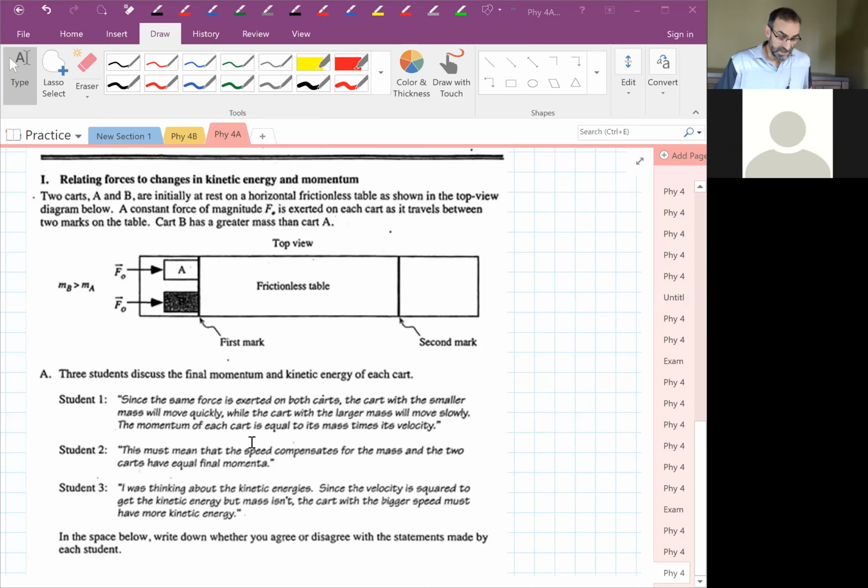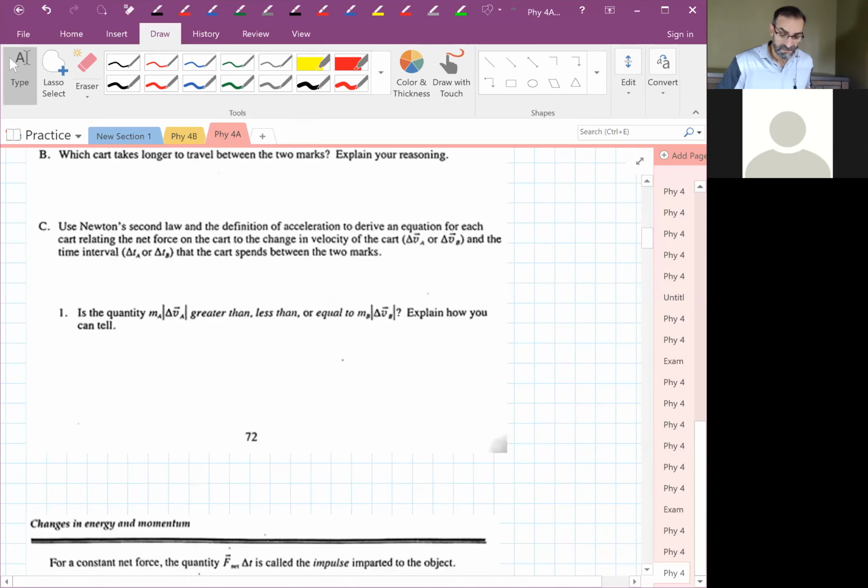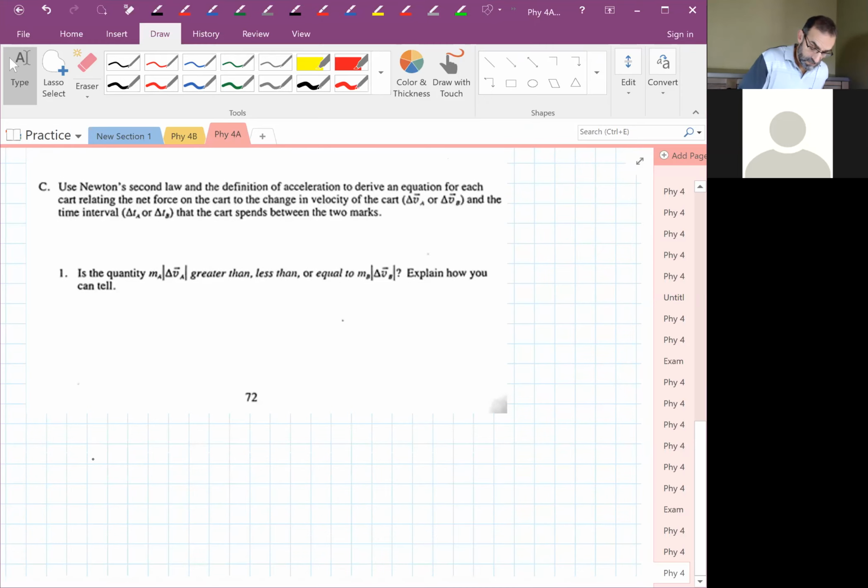The momentum of each cart is equal to the mass times the velocity. So we haven't introduced momentum yet, but we are right now. Momentum is mass times velocity. That is correct. I guess we're running out of, there's so many M's in physics, we're running out of things.